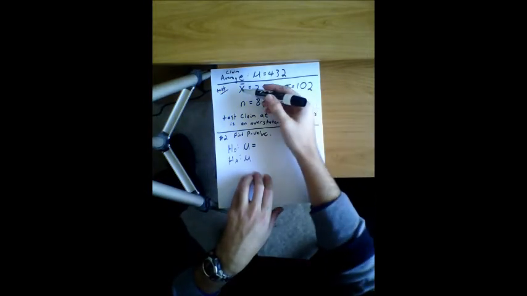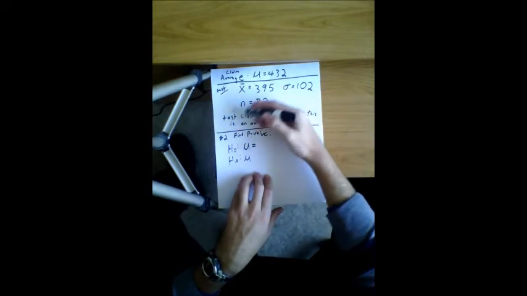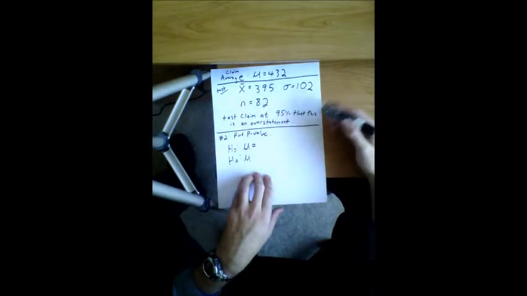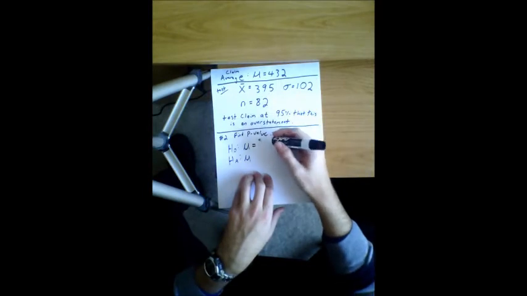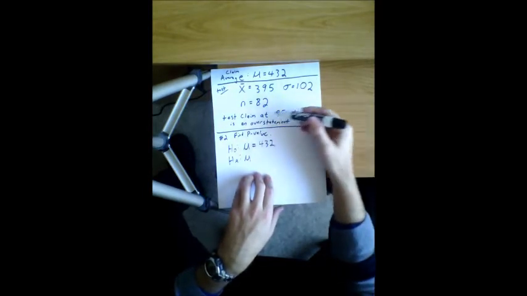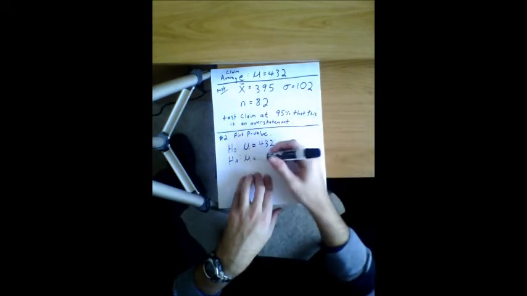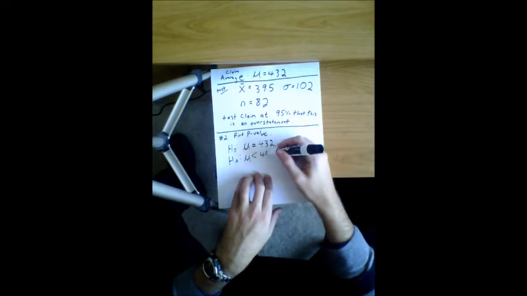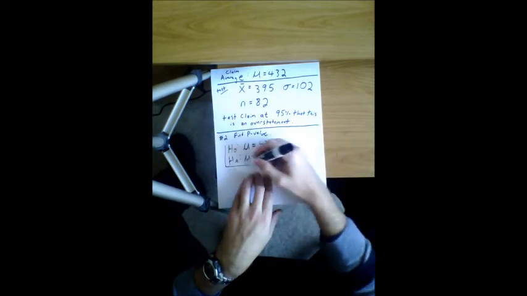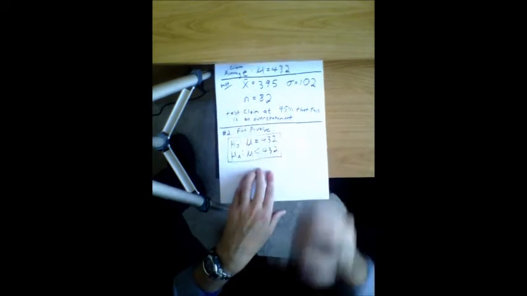It has nothing to do with the sample that we had done, just what they were claiming. So it could be equal to 432. Or we want to test that this is an overstatement, that it's actually less than this. So this would be our hypothesis.